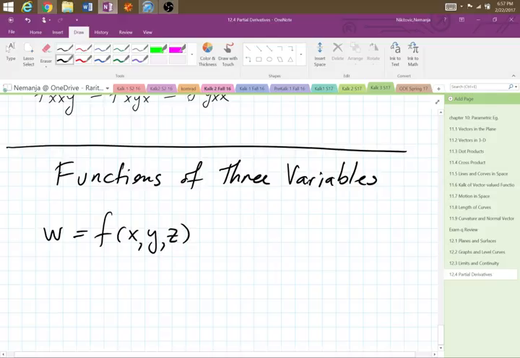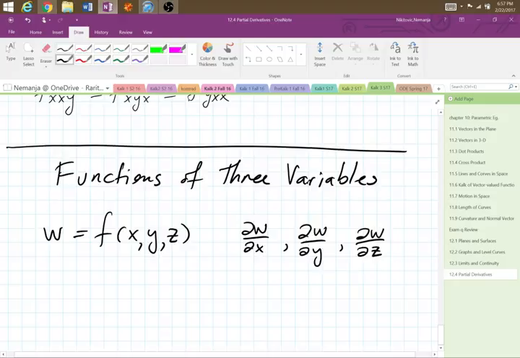So we have 3 variables in there. And now you can find partial w, partial x. You can find partial w, partial y, and partial w, partial z. We are going to use this a lot. A lot. So know it.